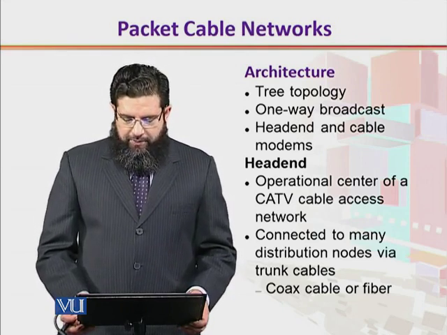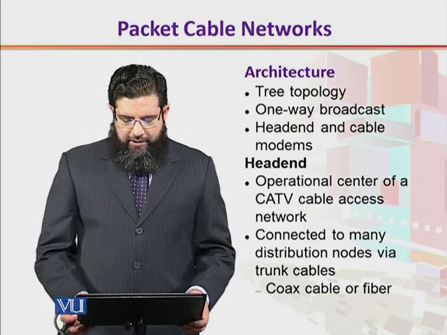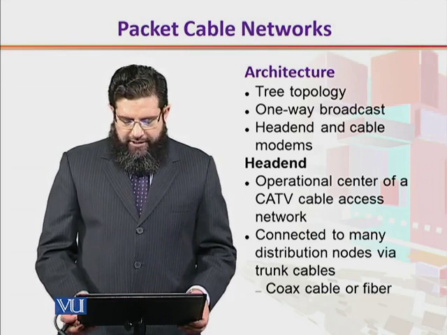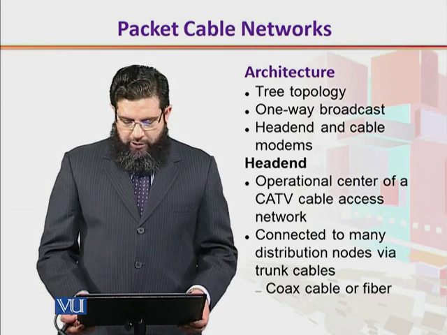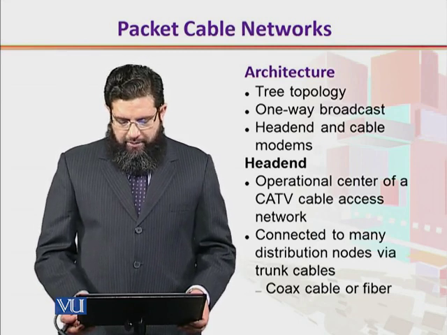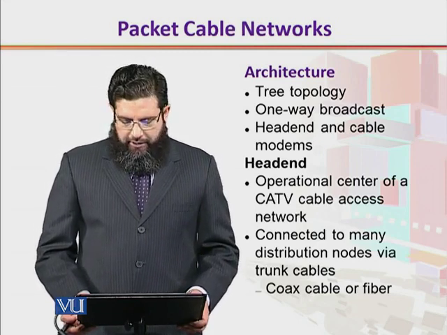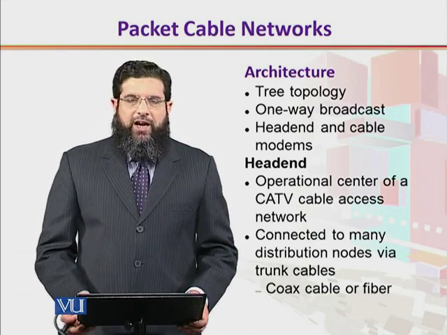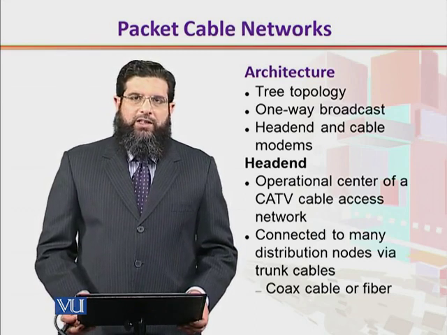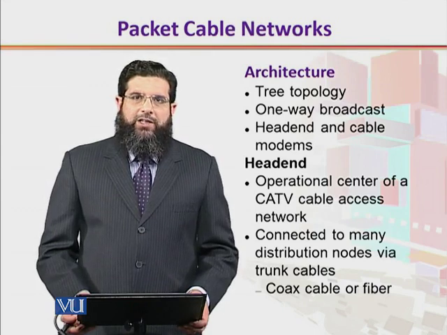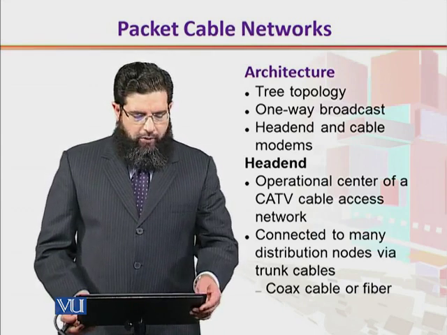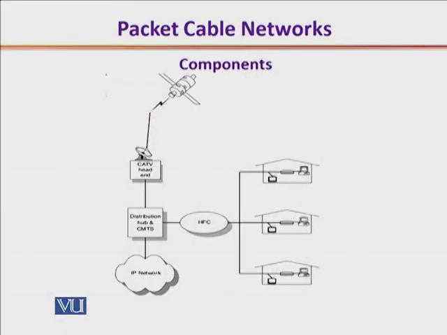Headend is actually an operational center of cable TV. It is connected to the distribution nodes through trunk cables. These trunk cables are the coaxial cables or fiber, and then we also have these feeder cables which are connected to the cable modems of the residential users. This is what we expect the overall picture to be.